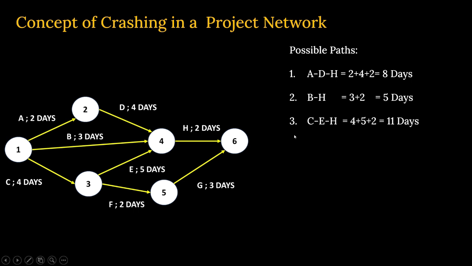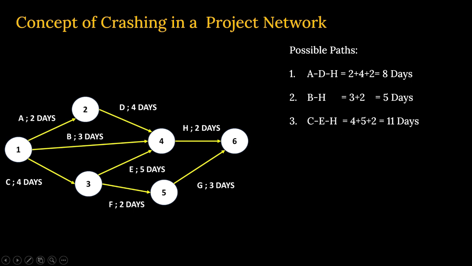Path number 3 is 1 to 3, that means C, then E, and then H. So 1 to 3, 3 to 4, 4 to 6. If you calculate the total duration as per this network, it is 11 days. Fine.